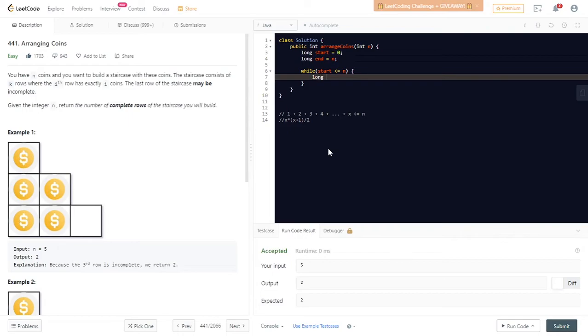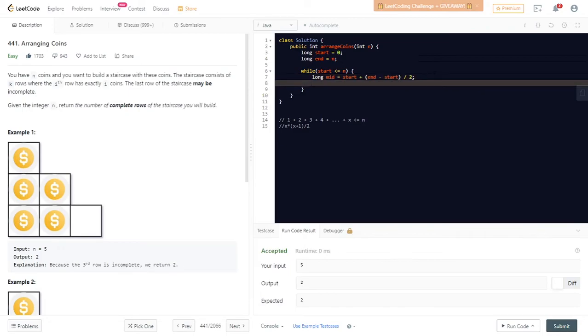long mid equals start plus end minus start. This formula is being used since start plus end by 2 can give overflow errors, so we are using this formula for calculating mid.